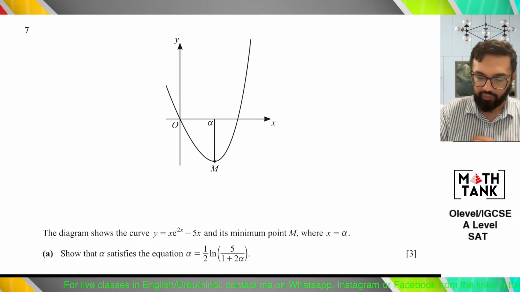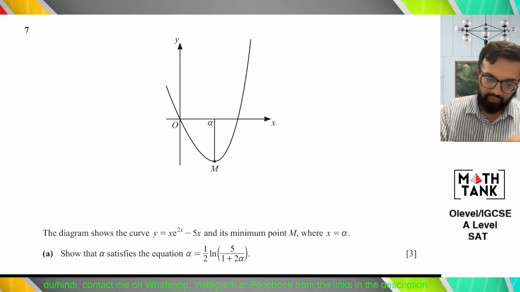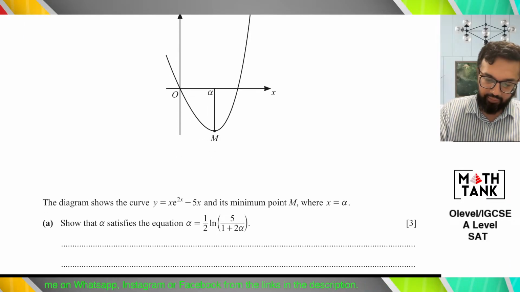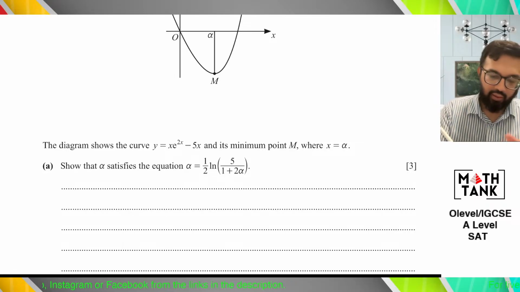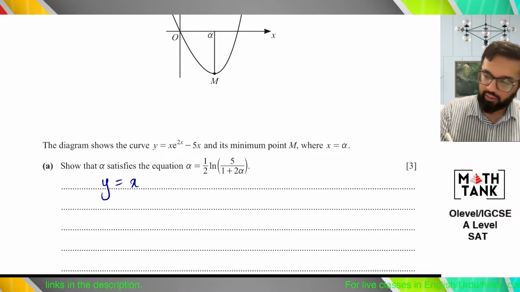The diagram shows the curve this where x equals to alpha so that alpha satisfies the equation this. Minimum point है, so dy by dx करना पड़ेगा. It's a question on product rule, I think.